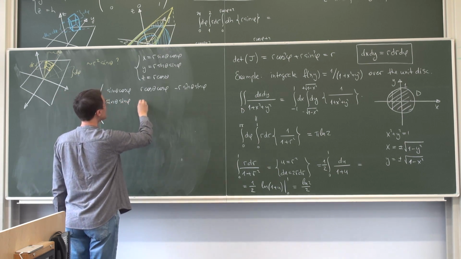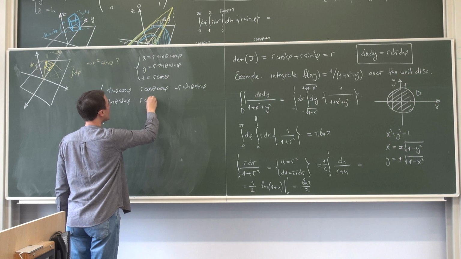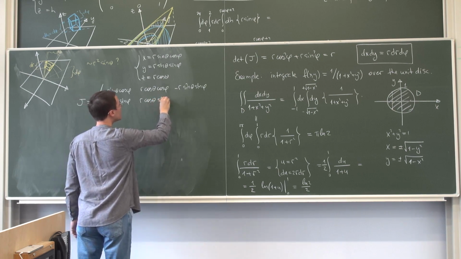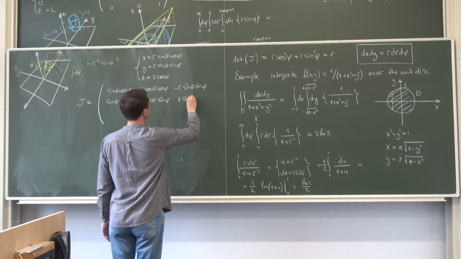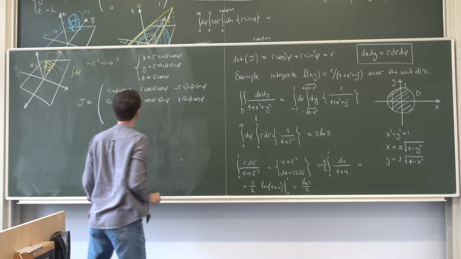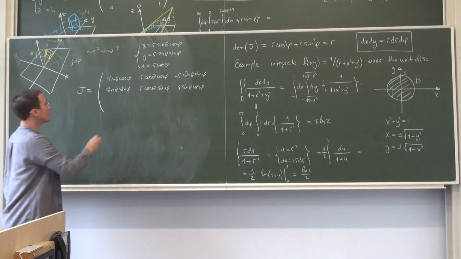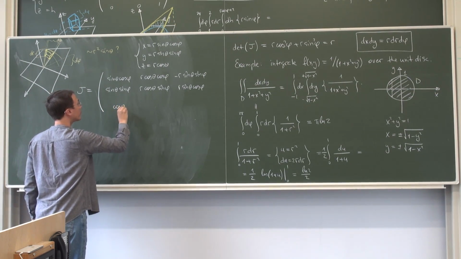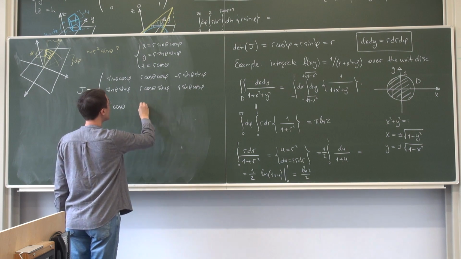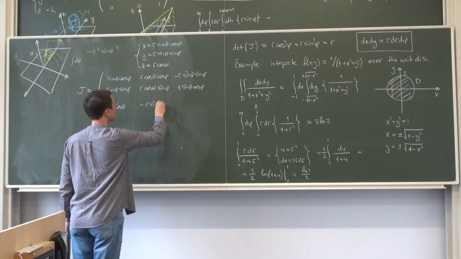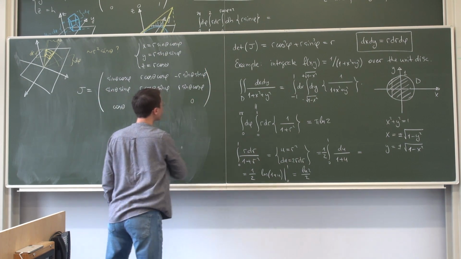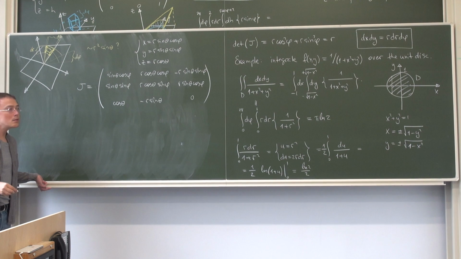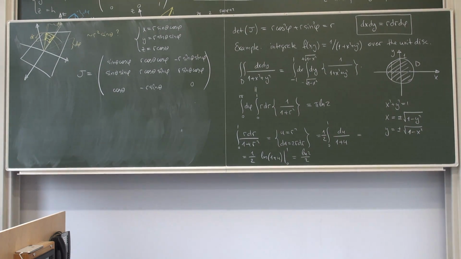Dy by d theta, r cos theta sine phi, and dy by d phi, r sine theta cos phi. dz by dr, cos theta, dz by d theta, minus r sine theta, and dz by d phi, 0. The determinant, as you can imagine, is going to be horrendous in here, but once in your life you have to do that.